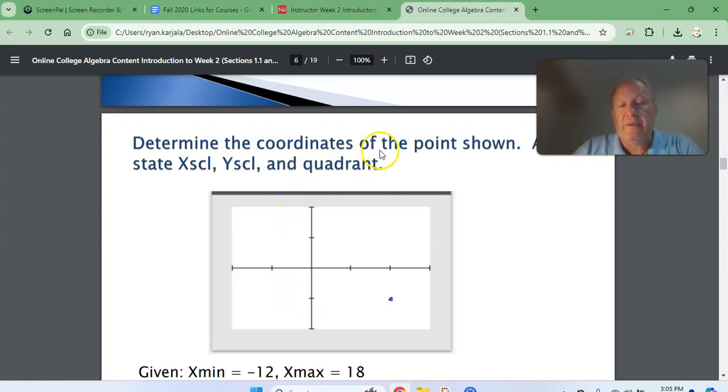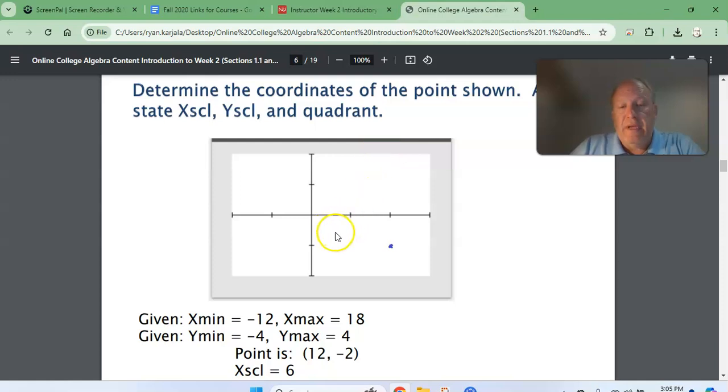So determine the coordinates of the point shown. The x-min is negative 12. The x-max is 18. The y-min is negative 4. The y-max is 4.